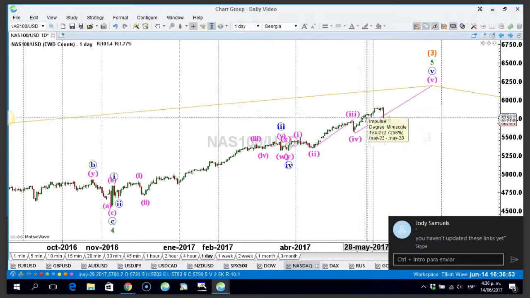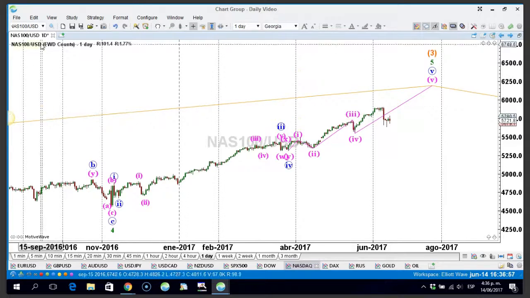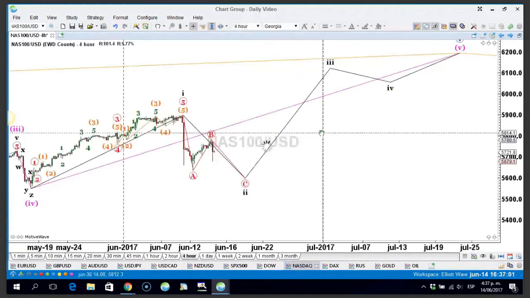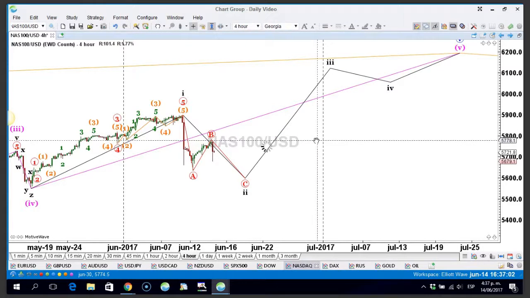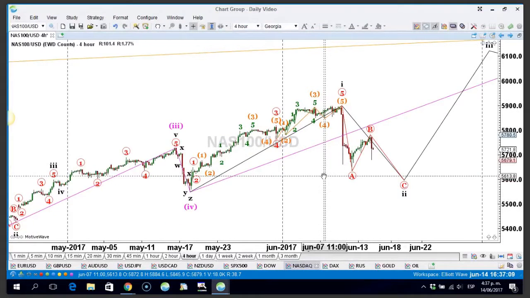So let's see now the lower time frames, like the 4-hour chart, to explain better what to expect during this week and what will be the next move on the Nasdaq. And based on this information, we will check some individual stocks.